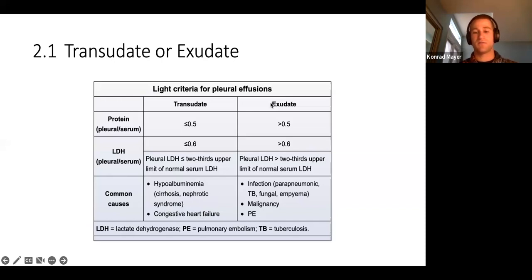Everything else usually causes an exudate: malignancy, TB, parapneumonic, fungal, empyema, and pulmonary embolism. This is a table that you should memorize and know by heart. That's why I put it in here so you can study it later. It's very important because it gives you the approach to which path we're going to go down for this pleural effusion.